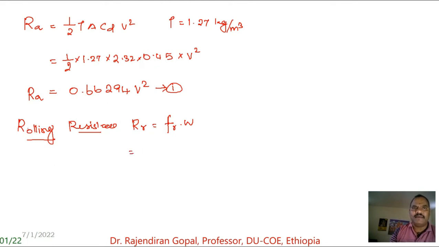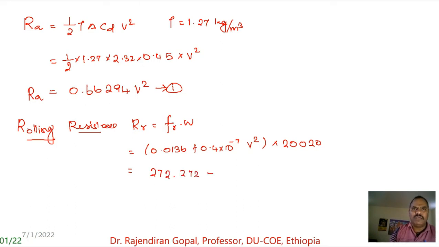Fr is given as 0.0136 plus 0.4 multiplied by 10 to the power minus 7 V square, and W is equal to 20,020. While simplifying, we get RR equal to 272.272 plus 8.008 into 10 to the power minus 4 V square.